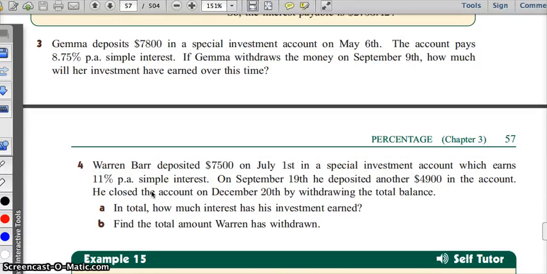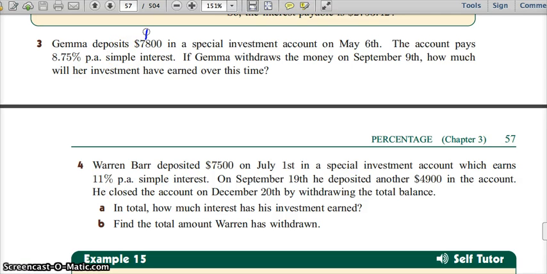Question 3, Gemma deposits $7,800 in a special investment account on the 6th of May. The account pays 8.75% per annum simple interest. If Gemma withdraws the money on September 9th, how much was her investment? The thing missing at the moment is T, or N, and that has to be worked out by a calendar, which will challenge you.